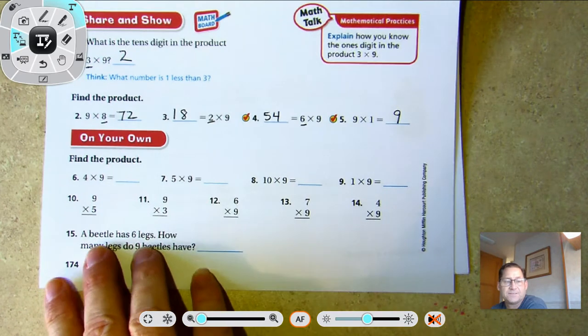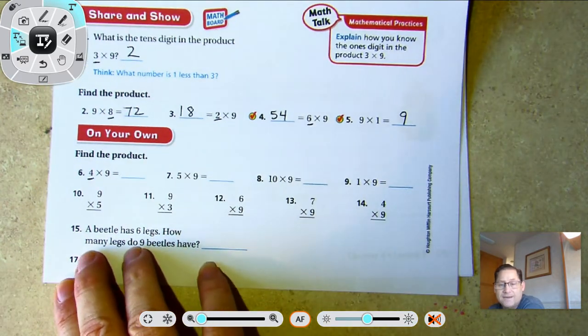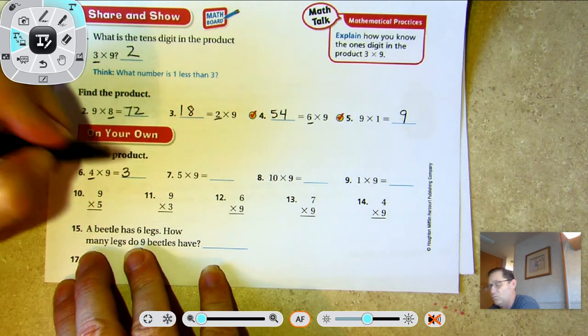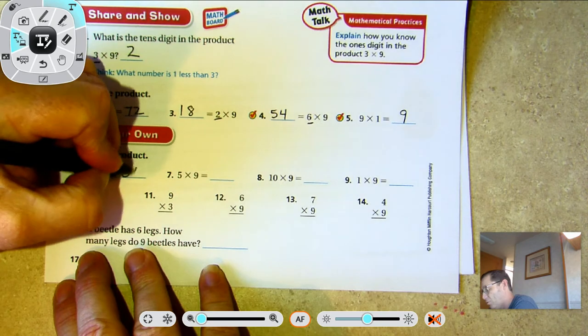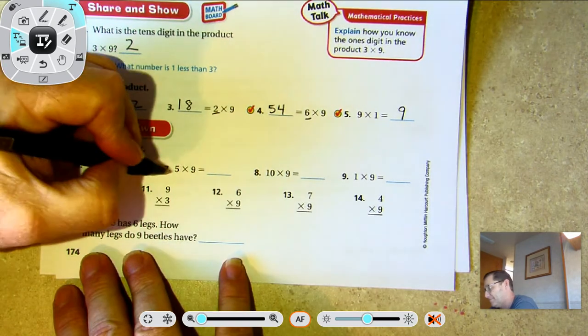All right, number 6. 4 times 9. I'm multiplying by 4, so my tens digit is 1 less than the 4, and it has to add up to 9. 3 plus 6 is 9, so 9 times 4 is 36. 9 times 5.